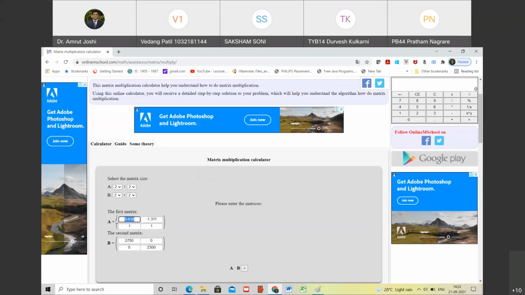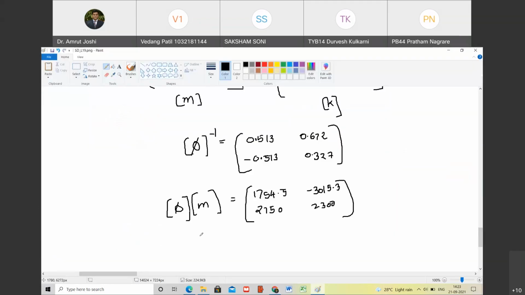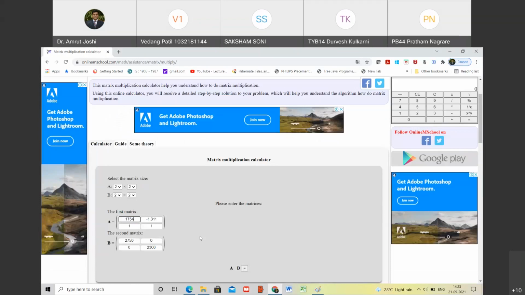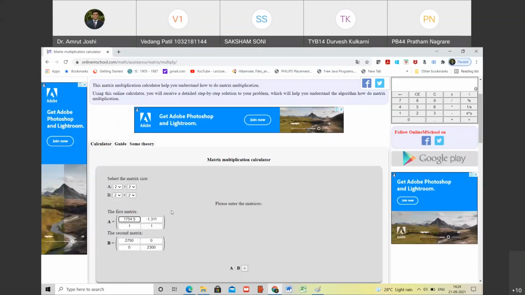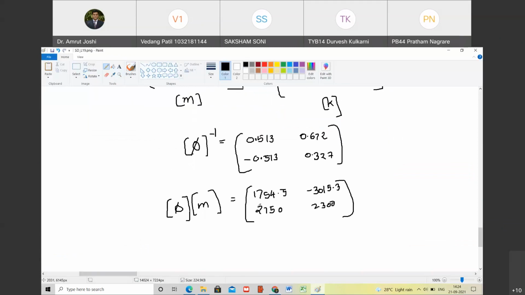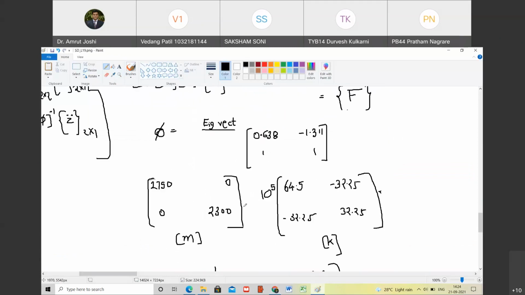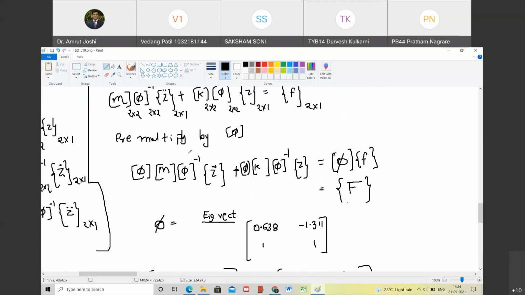So the first matrix now becomes 1754.5, minus 3015.3, 2750, and 2300, and then the phi inverse matrix is the second one.